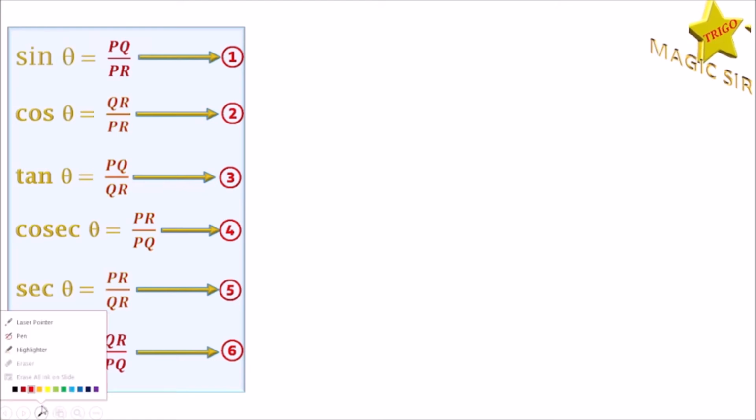Friends, now we will derive relations between the trigonometric ratios of the angle theta. In other words, we will find the relation of these 6 ratios with each other. We will use these 6 ratios one by one.